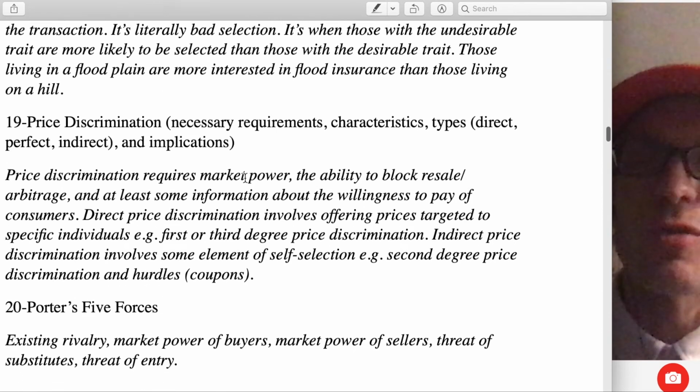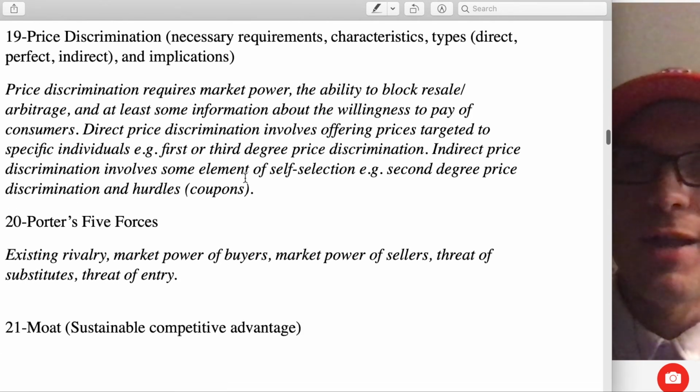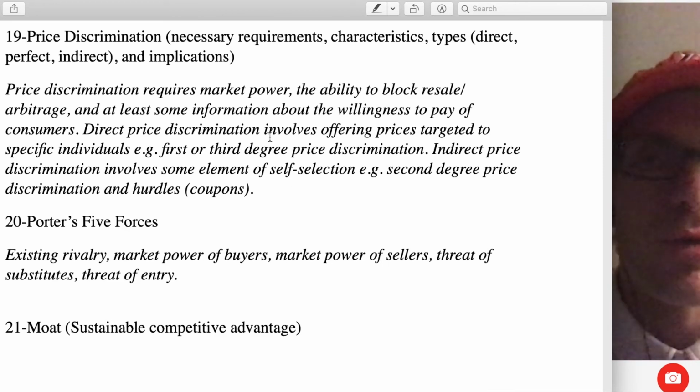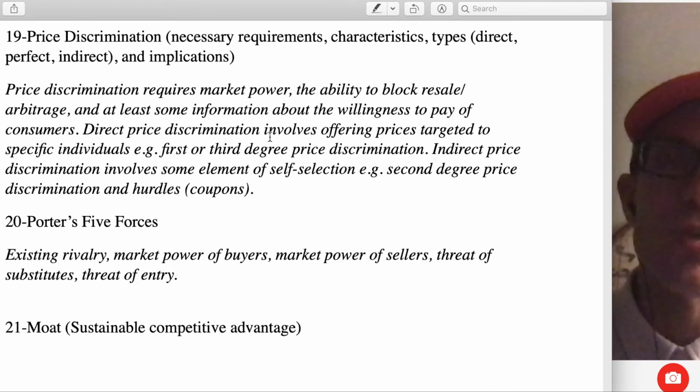All right, price discrimination. Price discrimination requires market power, it requires the ability to block resale, and we call this arbitrage, and it requires at least some information about the willingness to pay of customers.